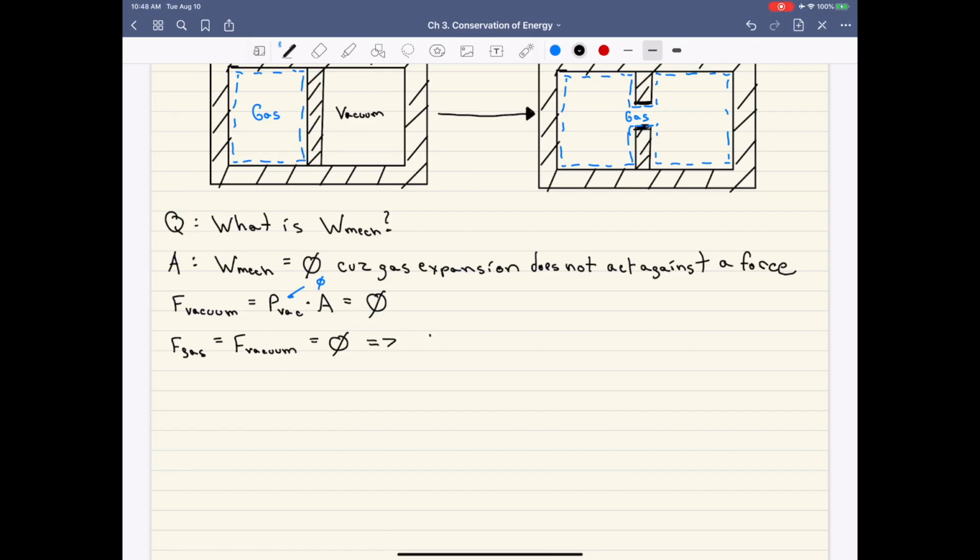And thus, if we go to our definition of dW mechanical, which is equal to the negative of F gas dx, if we plug in our answer for F gas, what we get is that the mechanical work is also equal to 0. And so during a free expansion, when the gas expands against a vacuum, the mechanical work that it's exerting is equal to 0.